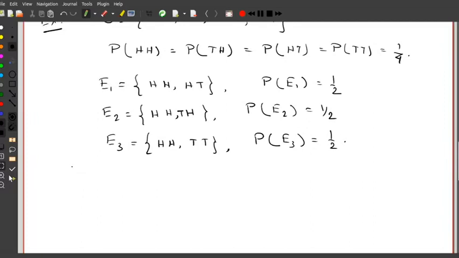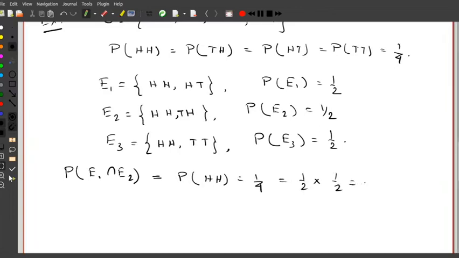Okay, now let us talk about the probability of E1 intersection E2. I want to check whether E1, E2, E3 are pairwise independent or not. So I need to find this probability, and you see that the intersection of E1 and E2 is only the singleton set head-head. So in this case, this probability is 1 by 4, which is exactly half into half, which is probability of E1 into probability of E2.